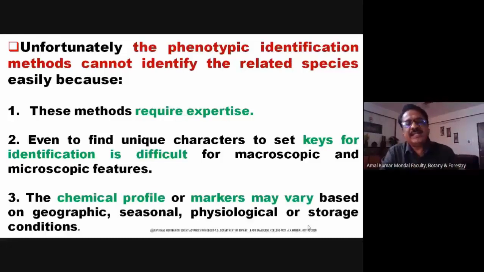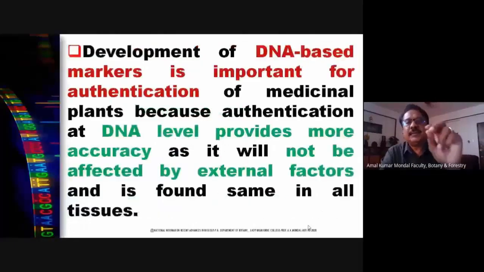And number three, the chemical profile or markers may vary based on geographic, seasonal, physiological, or storage condition. Development of DNA-based marker is important for authentication of medicinal plants because authentication at DNA level provides more accuracy, as it will not be affected by external factors and is found the same in all tissues.